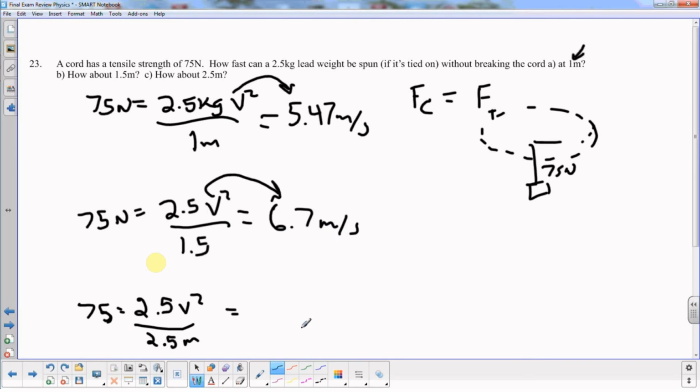And then 75 times 2.5 divided by 2.5, square root of that, 8.6 meters per second.